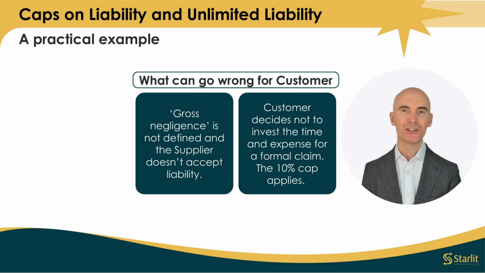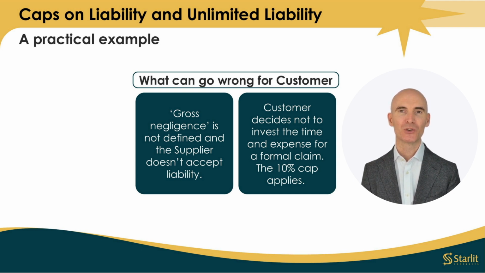The contract states that supplier's liability for gross negligence is unlimited, but the contract doesn't define what gross negligence means, and the definition is not clear under the law that governs the contract. If the supplier denies that they're liable for gross negligence, then the customer has a difficult decision to make. Do they pursue a formal claim through the courts, which can be expensive, time-consuming and stressful?